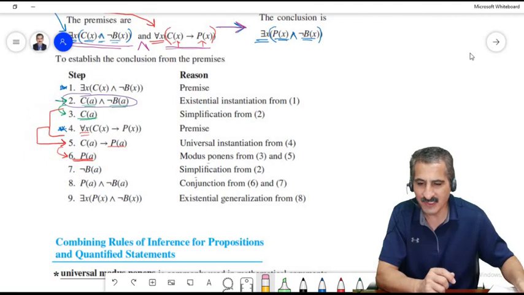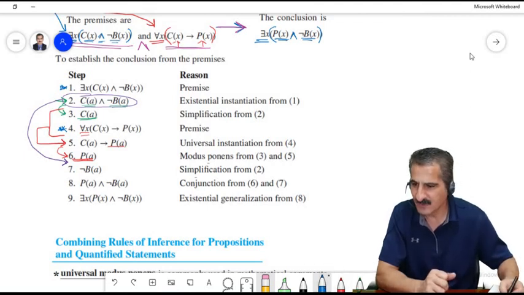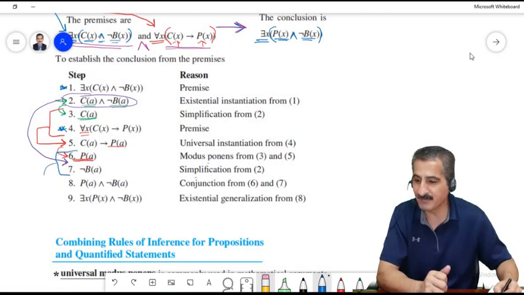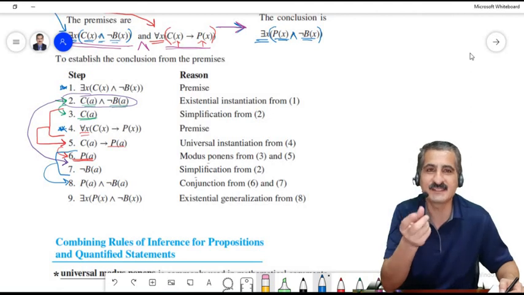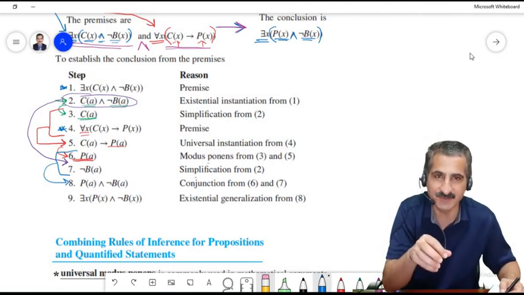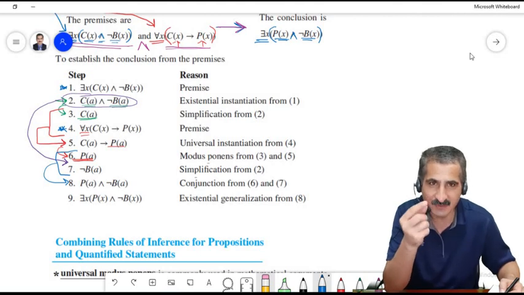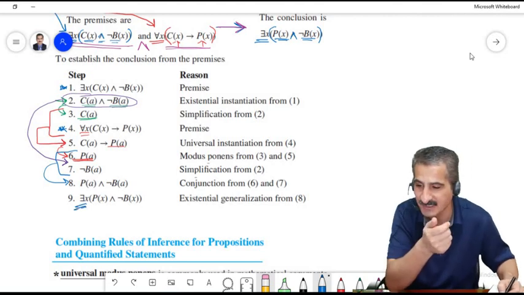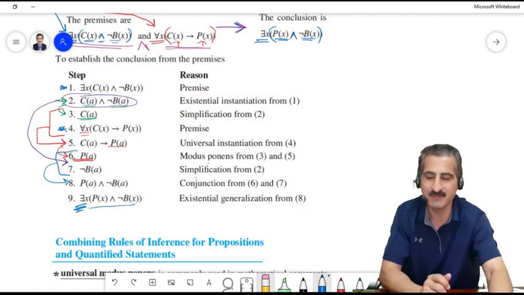Now using 6 and 7, P of a is happening and not P of a. So we have that statement P of x and not B of x happening for an element which is a. So we will say there exists an element such that this is happening, and we have reached it.